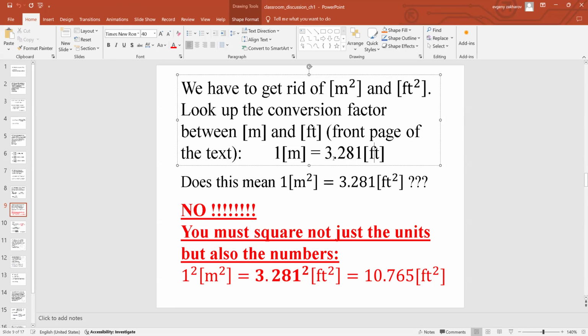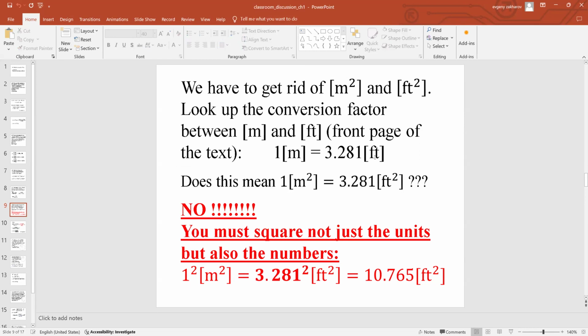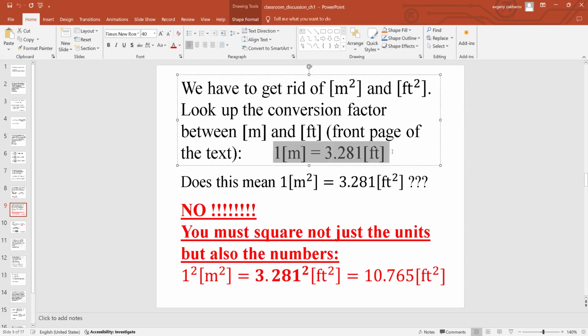It's actually more than that, but at least 27 because 3 cubed is 27 feet cubed. That should make sense. Be careful with units squared. Every time you have square units, you start with a linear conversion factor, and you have to square everything in that conversion factor, not just the units.